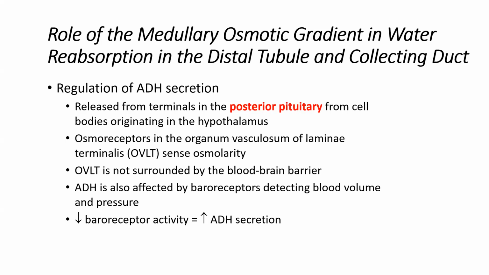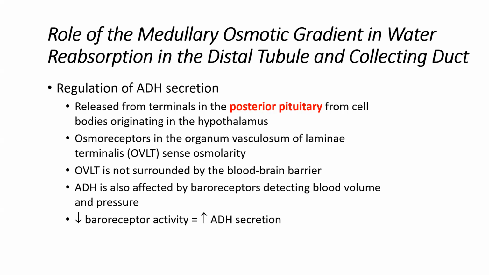So if you remember the blood-brain barrier, which is another important structure we talked about in a previous unit, the blood-brain barrier kind of sits between what's happening in our bloodstream, in our plasma, and what's happening in our nervous tissue within the brain. And so it's going to kind of interrupt or block an accurate sense of our plasma osmolarity.